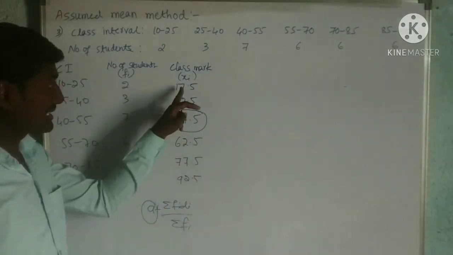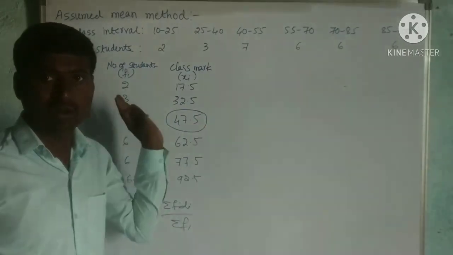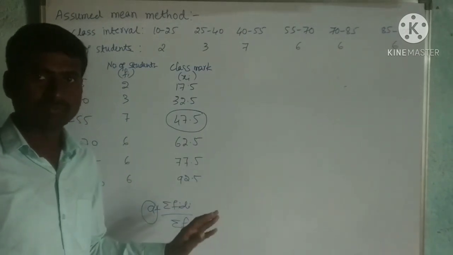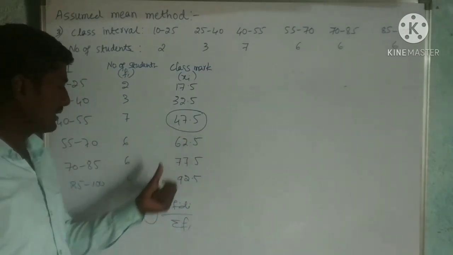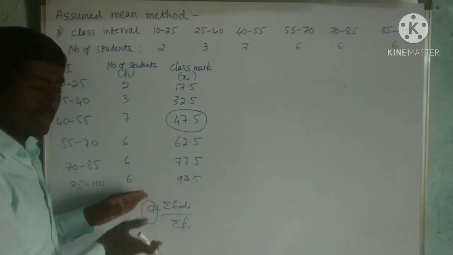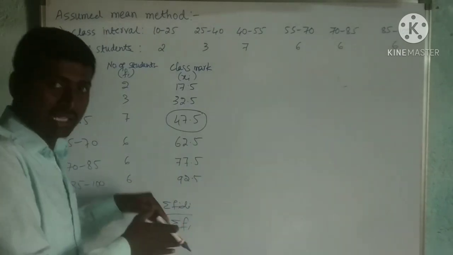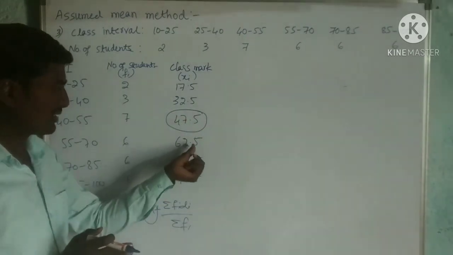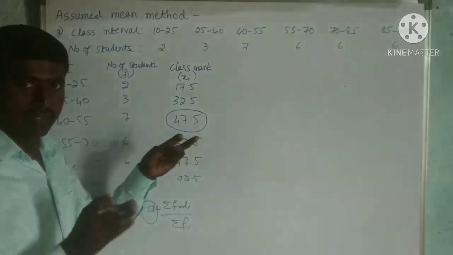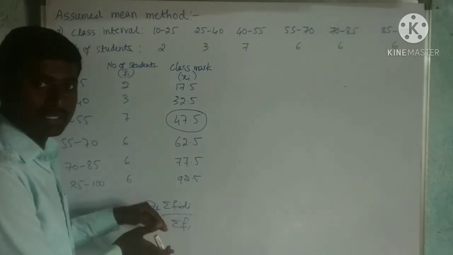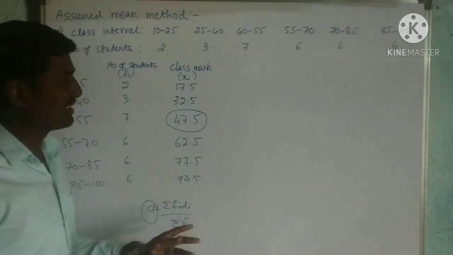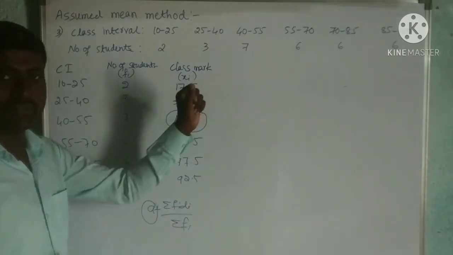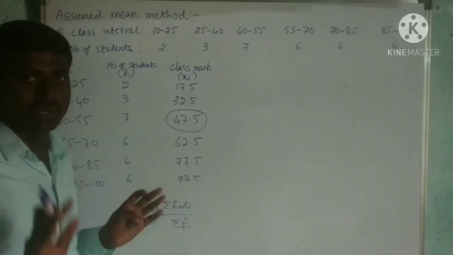Of course, you can take 17.5 or 92.5 also, no problem at all; you'll get the same answer at the end. But why choose the middle term? Because we'll solve it in easy steps. That is the only reason to take a as a middle term. It is left to you.